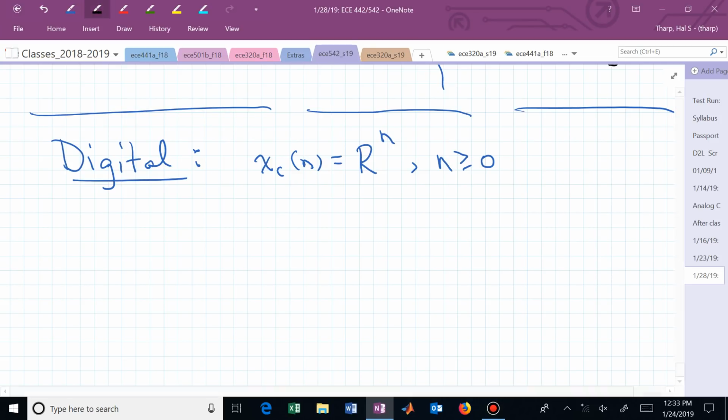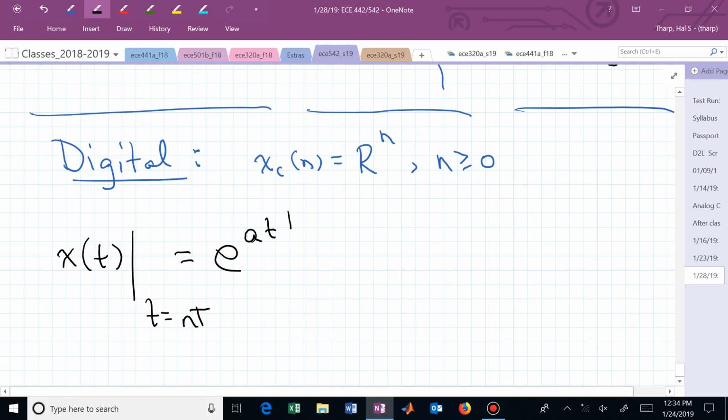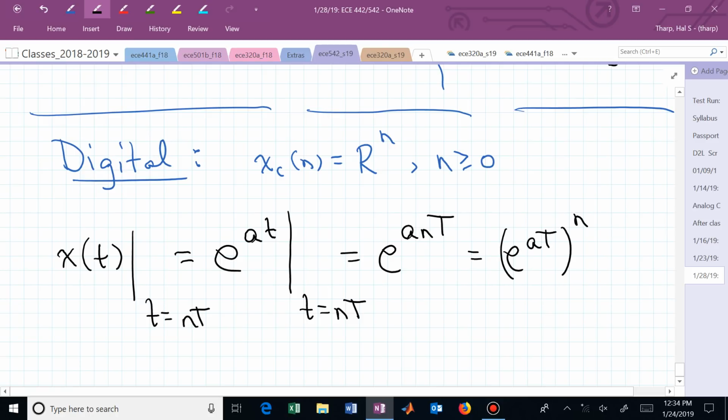And where did that come from? Well, if we simply look at the analog above, and we sample that analog at integer multiples of the sample period, capital T, then we have e to the at, where little t is replaced with little n capital T. This is now e to the a n T, or e to the aT raised to the n.